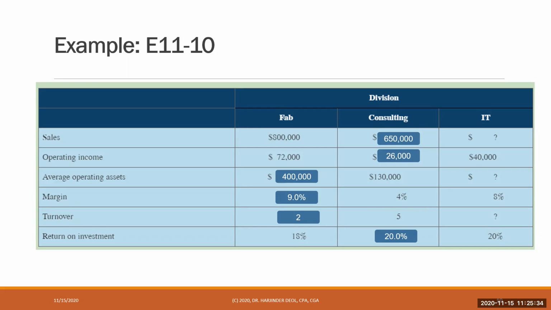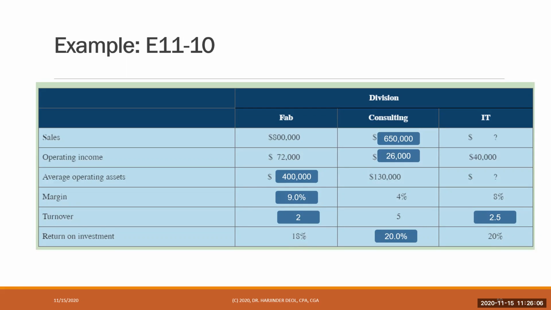Looking at the IT department's numbers, we have operating income 40,000, margin 8%, ROI 20%. So we know that margin 8% times something equals ROI of 20. So 8 times what equals 20? Well, that works out to 2.5. Taking the 2.5, we can try to calculate the average operating assets.